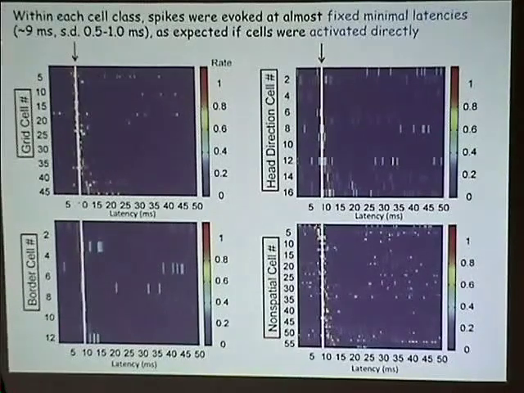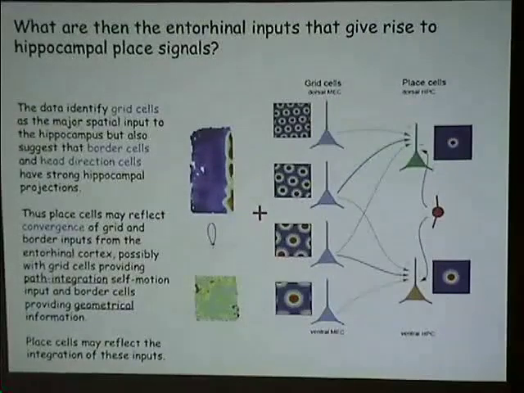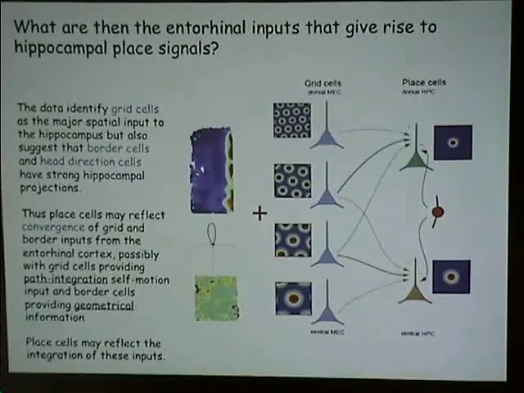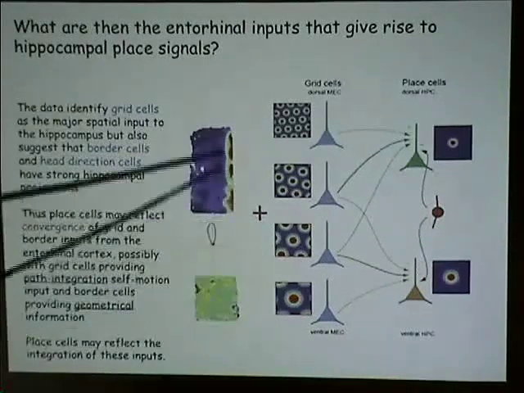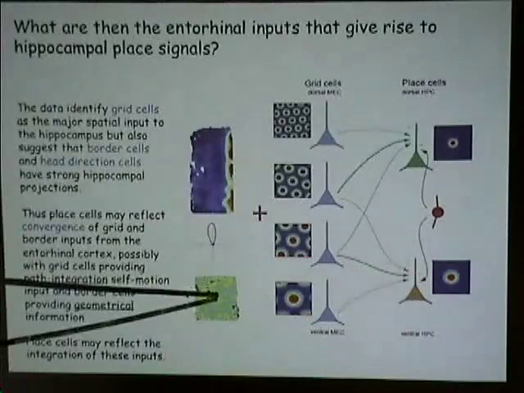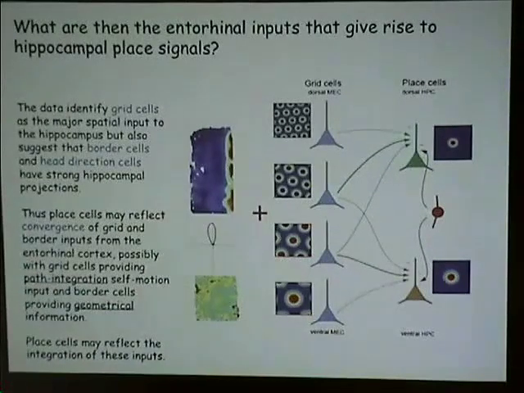What I rather want to deal with is the possible implications for grid-to-place relationships and other relationships between these cell types. So now we know that there aren't only grid cells, but there are also border cells and probably a few head direction cells and maybe even speed cells that project into the hippocampus.